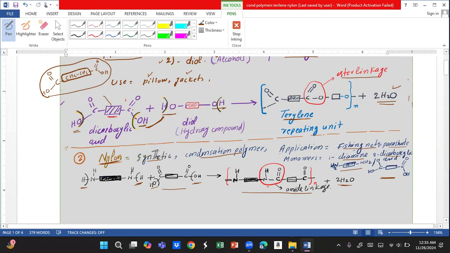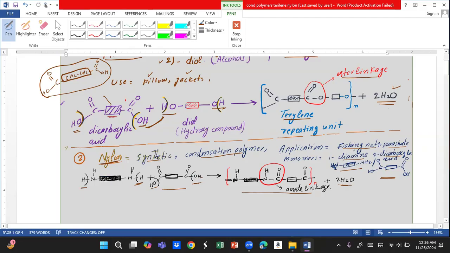This linkage is known as the amide linkage. At the same time, you can be asked, as this is a synthetic polymer, to name the natural polymer containing the same linkage. You will say protein. Protein will have the same linkage. So nylon's uses are clear to you, and monomers are clear to you.